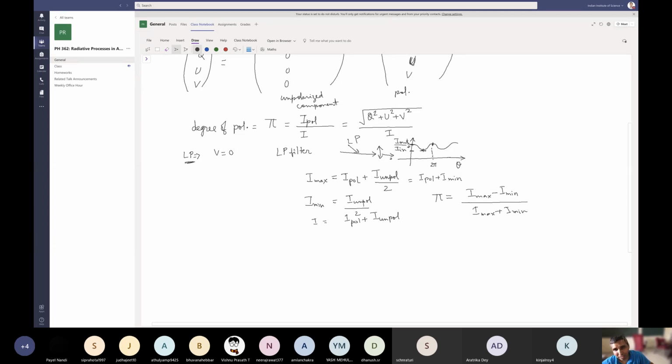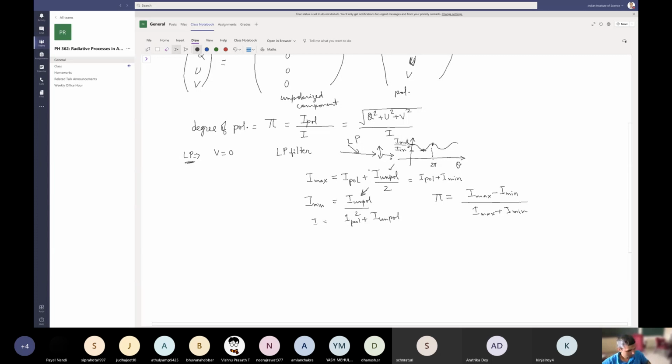Again it will let only half go through, because circular polarization has equal power in two linear polarizations which differ by a phase of pi by 2. So circularly polarized light will behave like this, but for a different reason: not because the two components are independent, but because the phase is fixed at pi by 2.